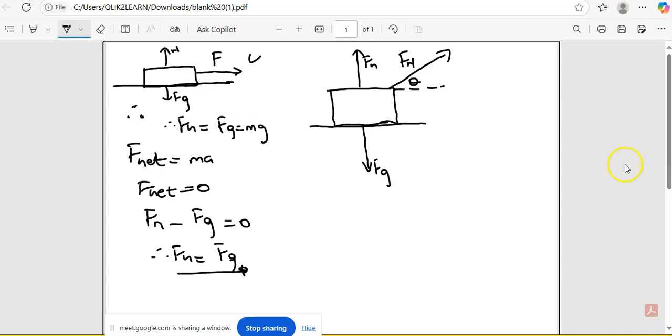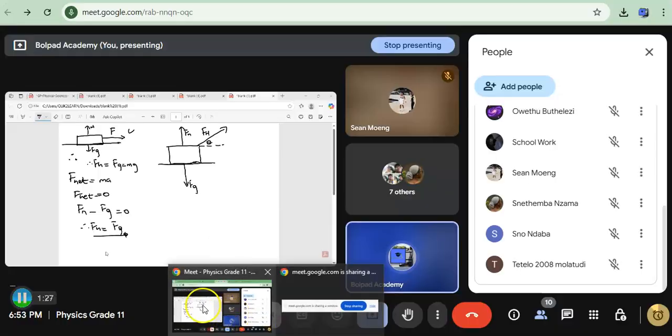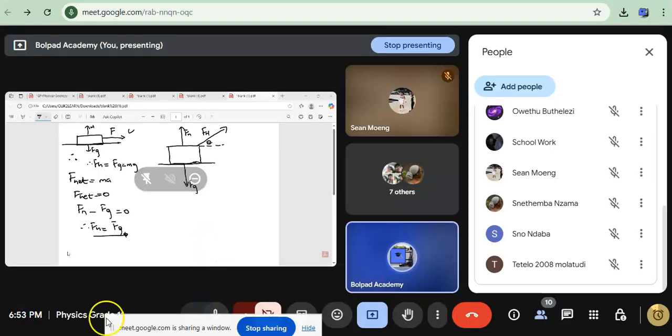Right. So now I need someone in this session to tell me the other vertical force. Can someone please tell me what is the third force that we have, the vertical force? Anyone? That we have on this object. Anyone, guys?